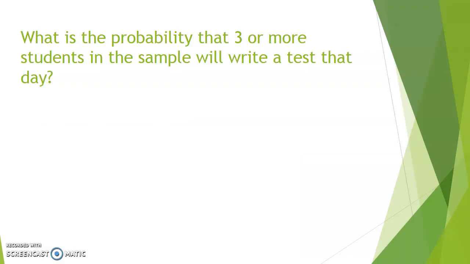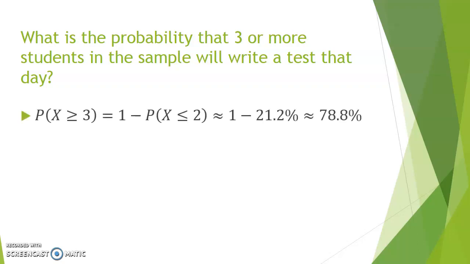What is the probability that 3 or more students in the sample will write a test that day? Here we have to be a little bit careful, because having 3 or more is the opposite of having 2 or less. If we're going to use the formula we saw in the previous slide, we would probably prefer to use it on 0, 1, or 2 elements rather than on 3, 4, 5, 6, and all the way to 10 elements.